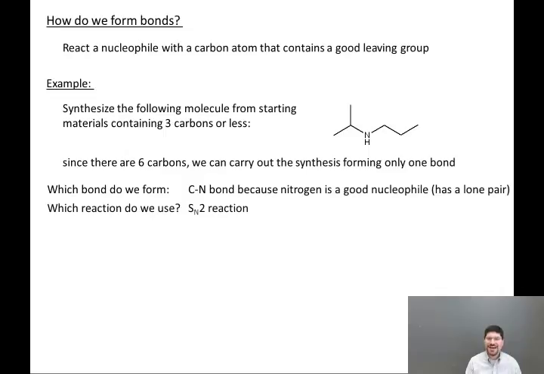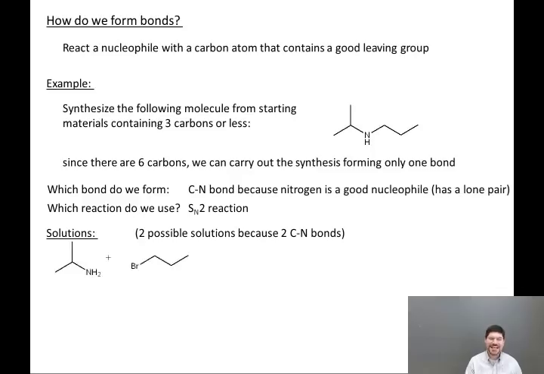Okay, so for this particular molecule, we're going to want to use the SN2 reaction rather than the SN1 reaction. If you're doing substitution, in general, SN2 is more useful than SN1 because SN1, as you learned, frequently competes with E1 elimination. So there are 2 possible solutions here because there are 2 carbon-nitrogen bonds.